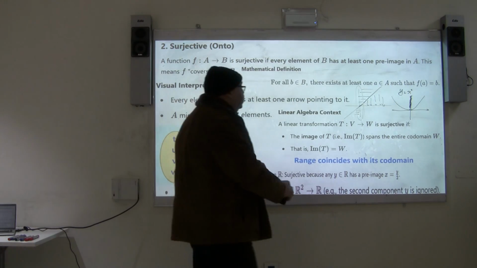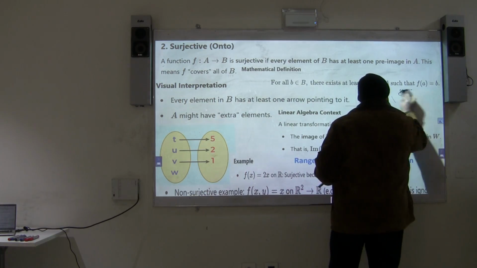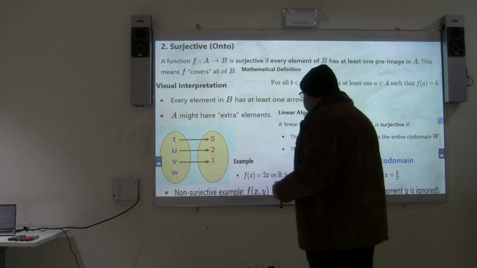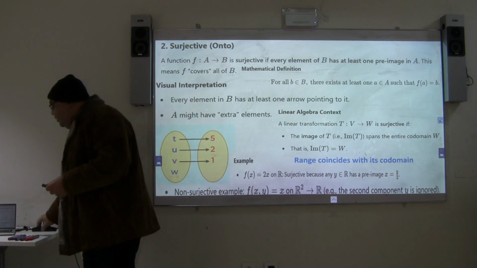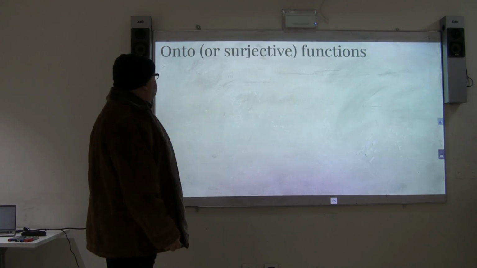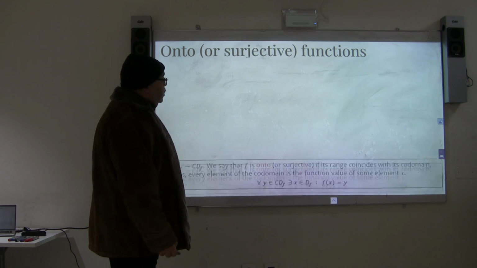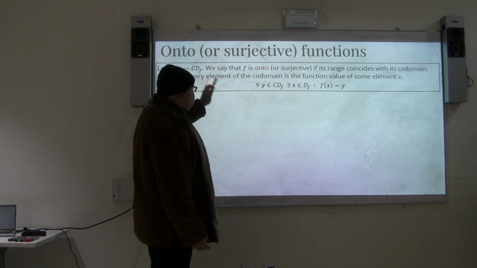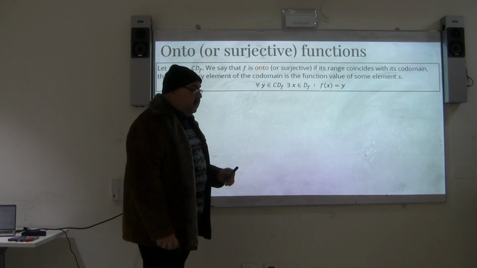That's the definition of surjectiveness and injectiveness, or for functions to be one-to-one or to be onto. Okay, onto surjective functions once more. I will give you this statement from the main slides.